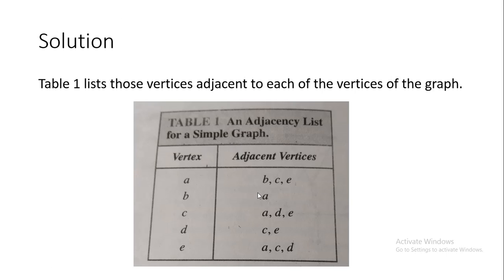This is the adjacency list for the simple graph given in the question. Two columns, vertex and adjacent vertices, you have to find out. And this is one way to represent a graph.